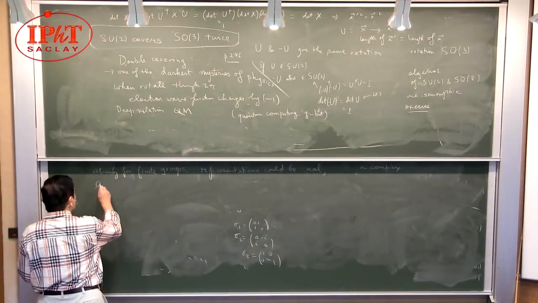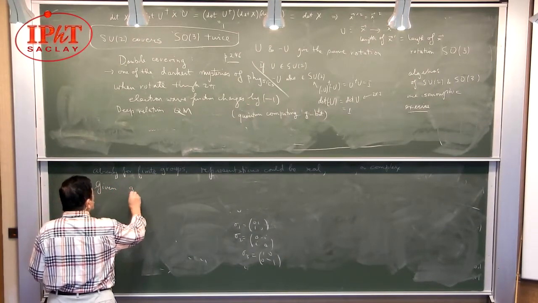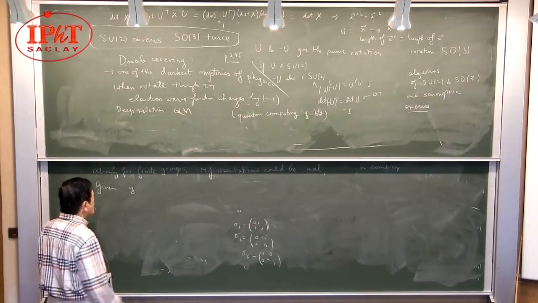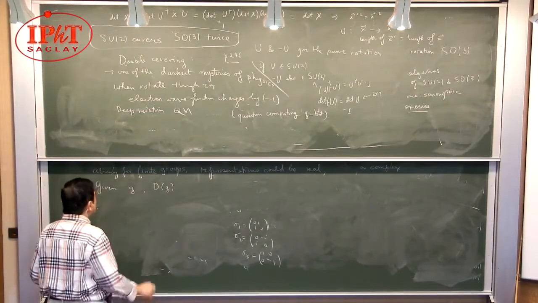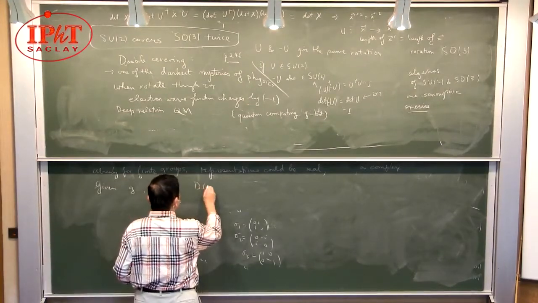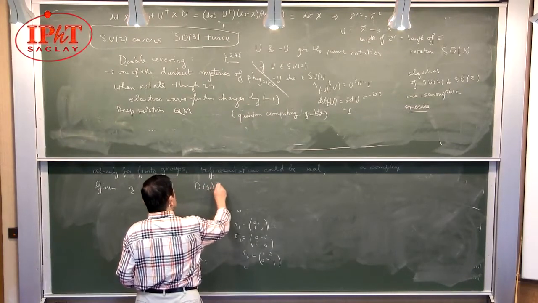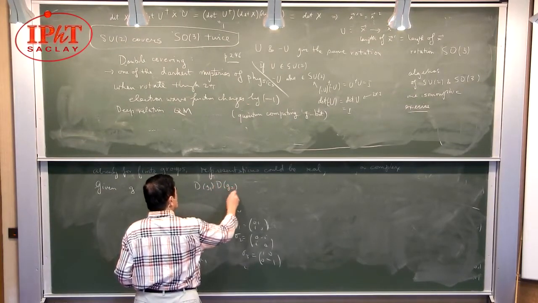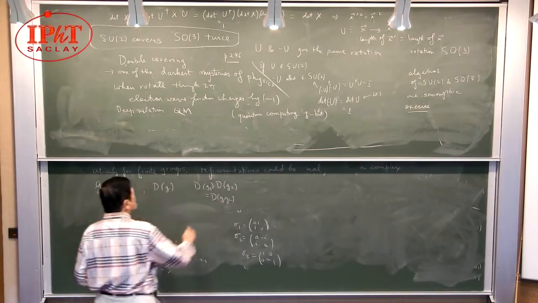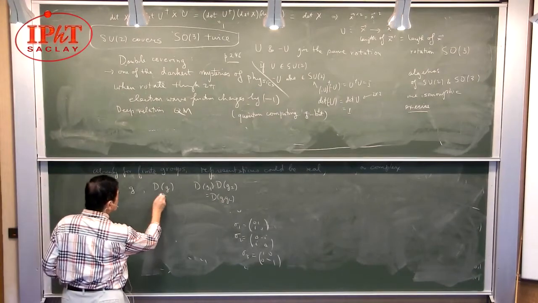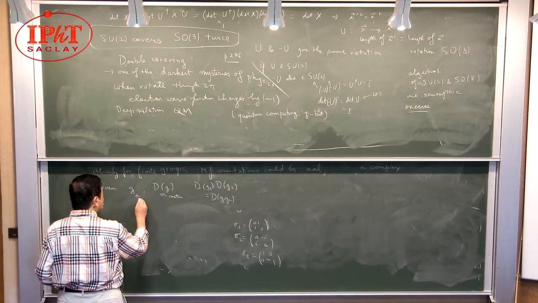Now, representation means that given a group element in a group, there's a matrix D of g such that D of g1 times D of g2 is equal to D of g1 g2. So these matrices represent the group element.